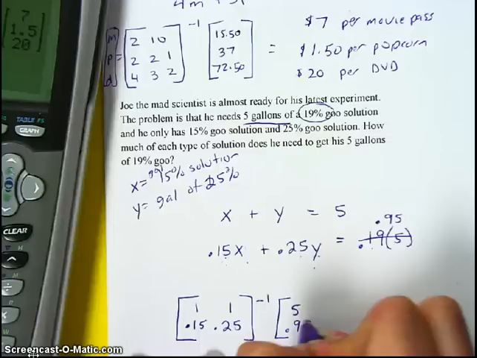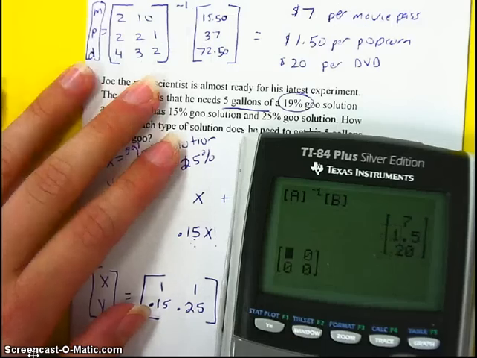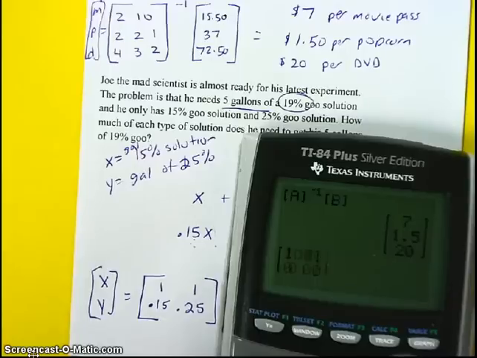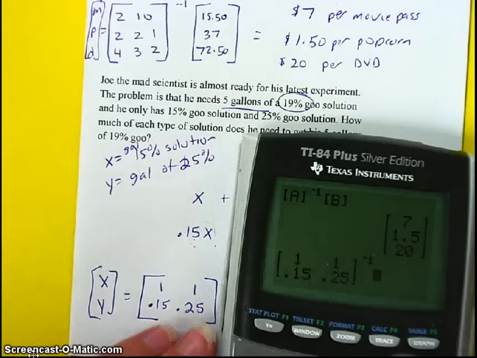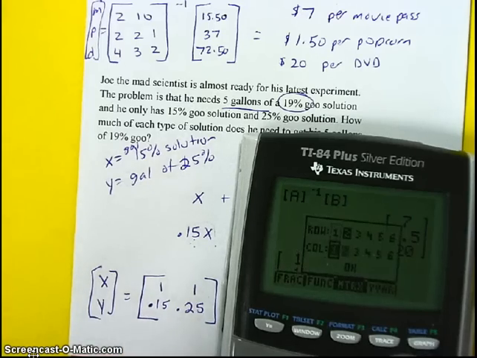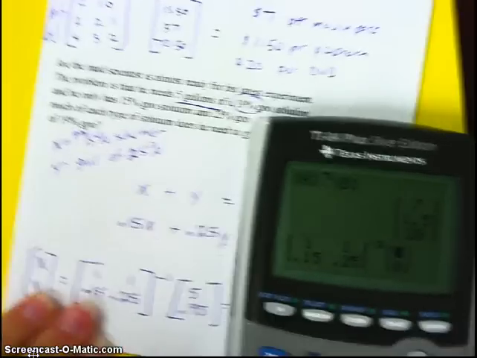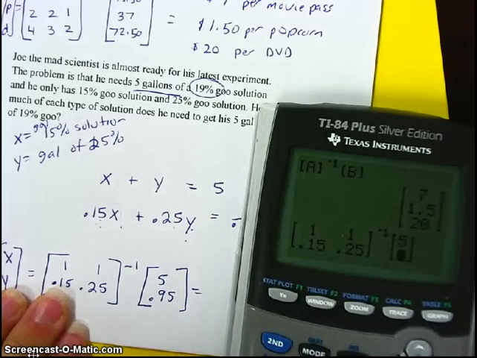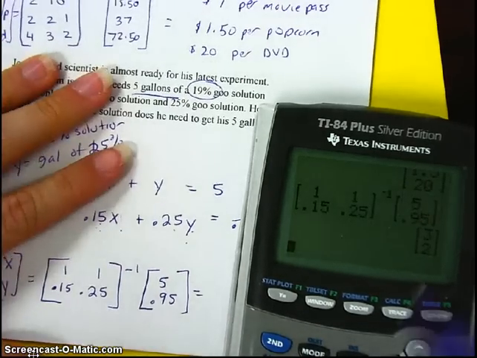Here we'll do the alpha zoom method, alpha zoom, 2 by 2. We've got 1, 1, 0.15, 0.25, inverse, times alpha zoom, 2 by 1. We've got 5 and 0.95. Hit enter. And that will tell us 3 and 2.